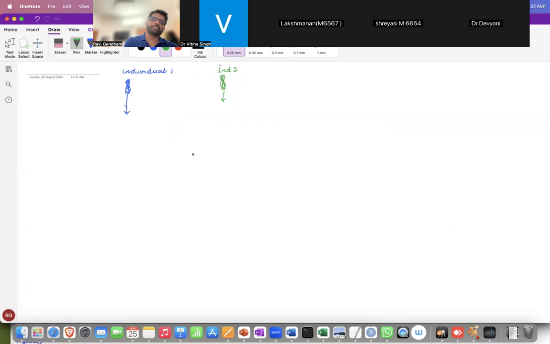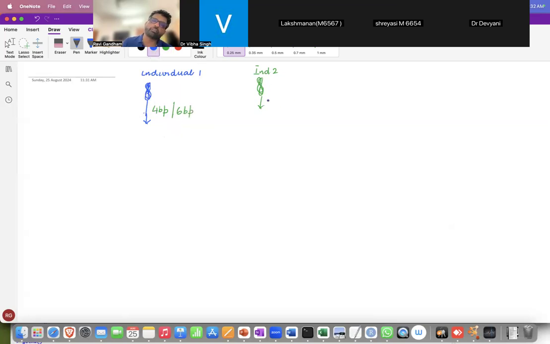If you look at this, individual 1 and individual 2, you are initially using what? A set of restriction enzymes, a 4-base pair cutter and a 6-base pair cutter. That's what you have used. Same thing here, you are using a 4-base pair cutter and a 6-base pair cutter. So you are amplifying this in the second individual.